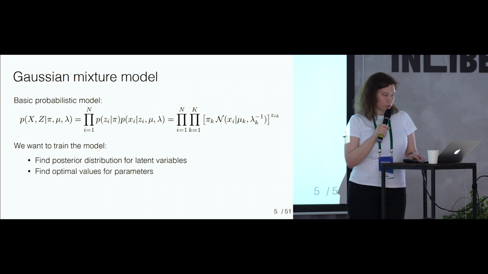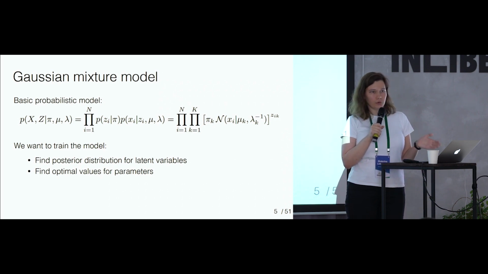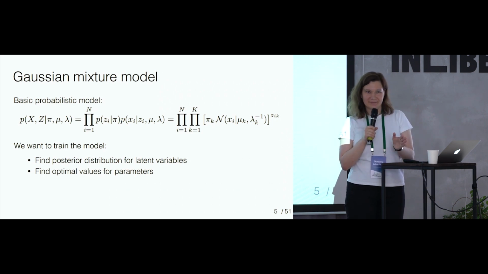So our task is to train such model, which means to find posterior distribution for all our latent variables and to find optimal values for our parameters. Do you understand what's different between latent variables and parameters? So what's the difference?